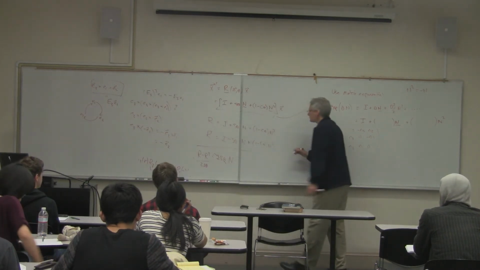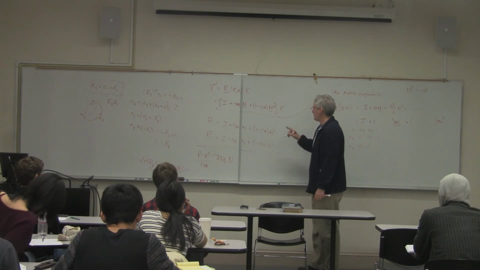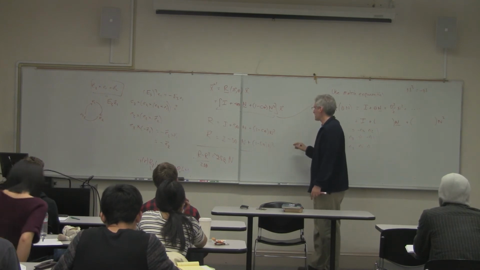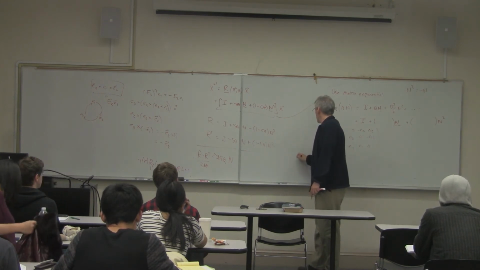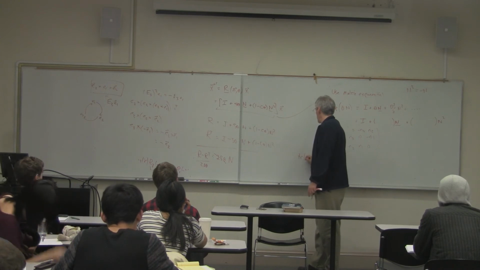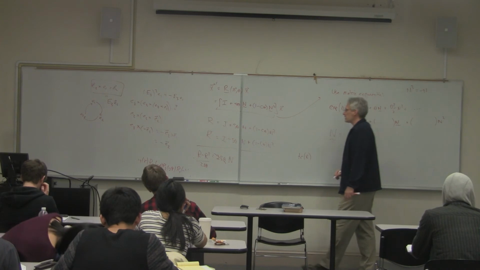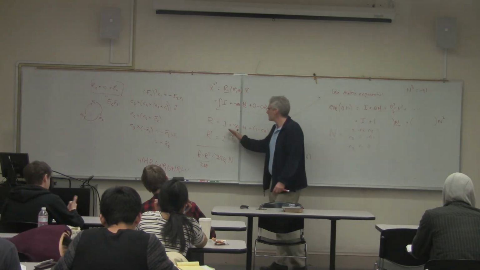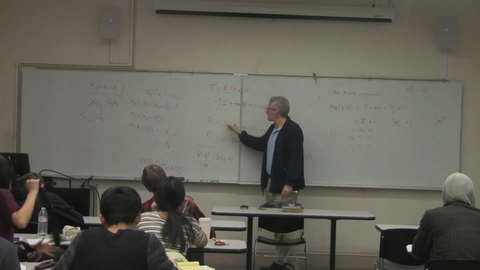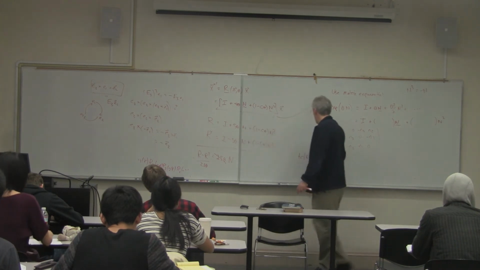Well, we can take the trace of R, and the trace is the sum of the diagonal entries. Now, this matrix has a trace of 3.